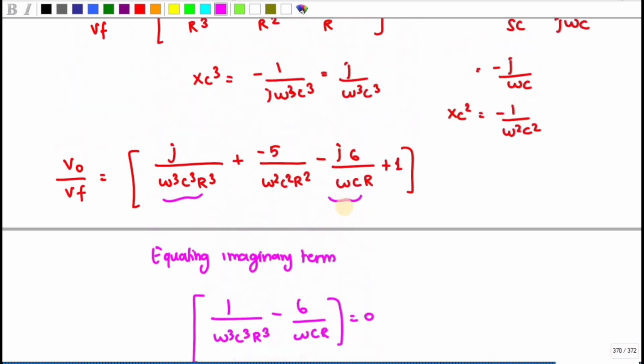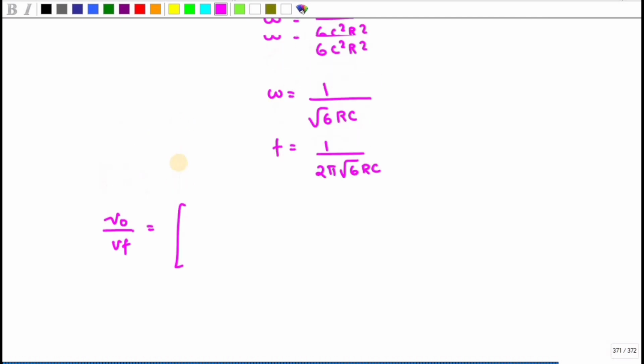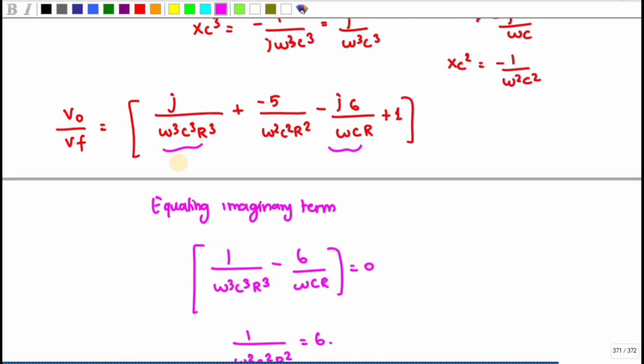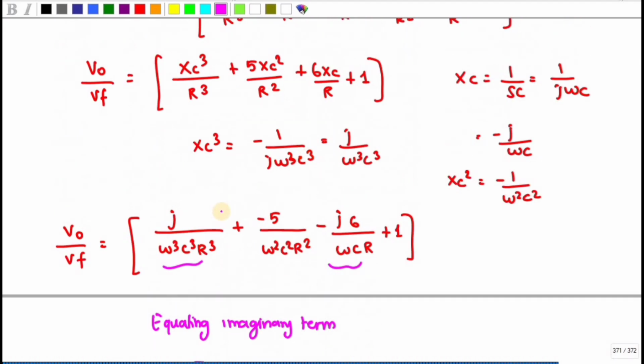V naught by Vf is equal to minus 5 divided by omega square c square r square plus 1. I'm omitting these two terms, so I'm taking only minus 5 divided by omega square c square r square plus 1.